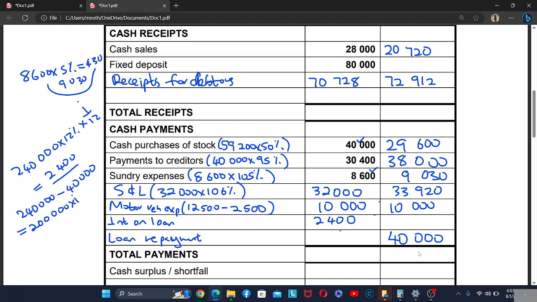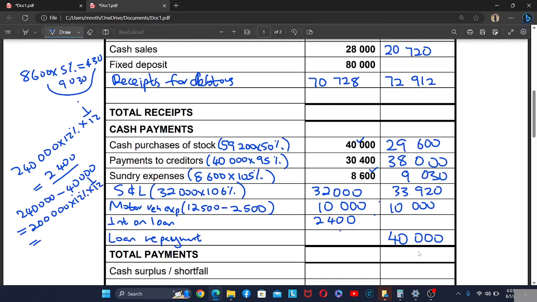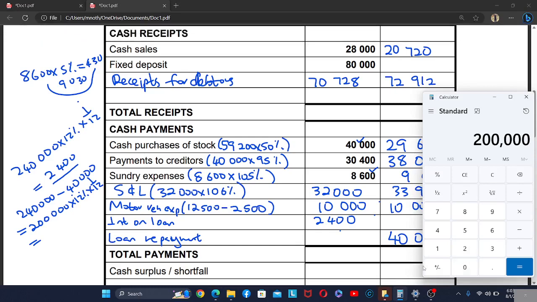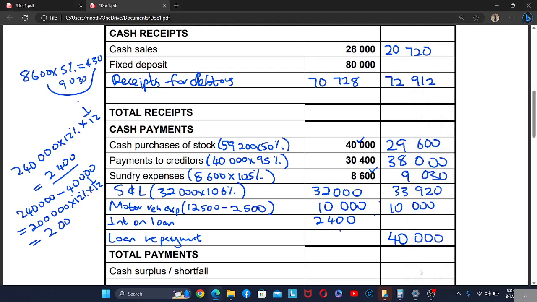So 200,000 multiplied by 12%, multiplied by 1 divided by 12 because we're calculating for only 1 month. That is going to be 2,000. So it is now 2,000 per month.